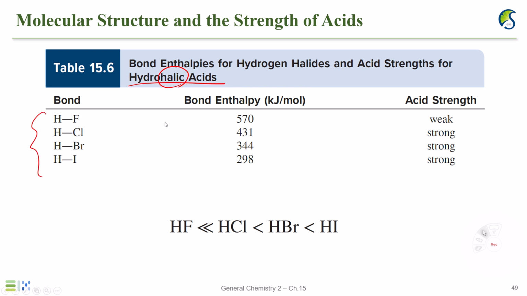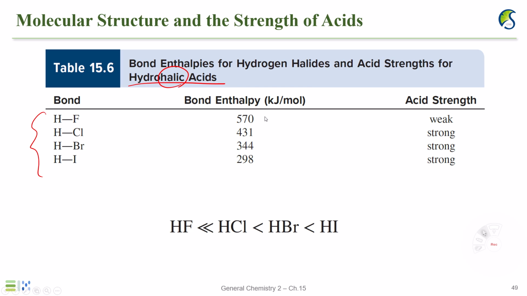And as I mentioned in chapter 12, the enthalpy is the expression of the bond strength between these two atoms. So the higher the enthalpy, the stronger the bond. So HF has the strongest bond strength, and HI has the weakest bond strength.